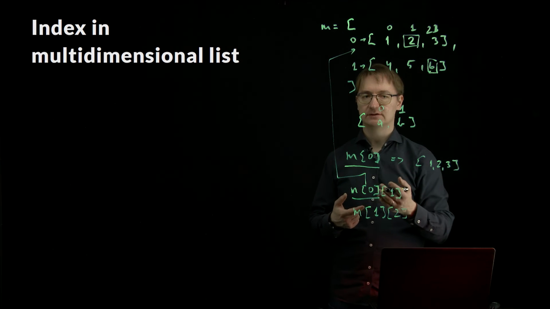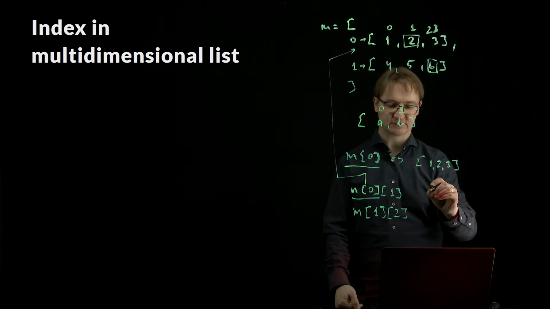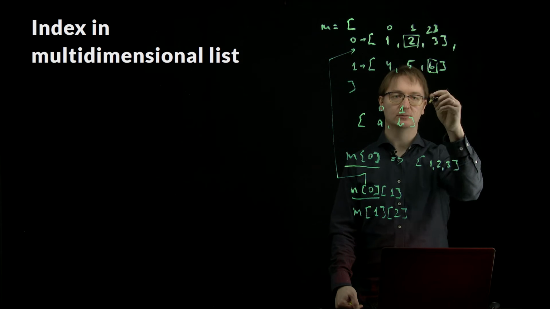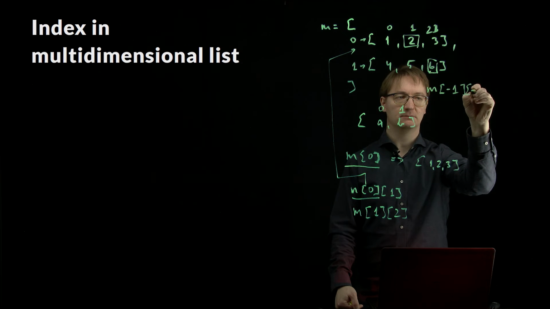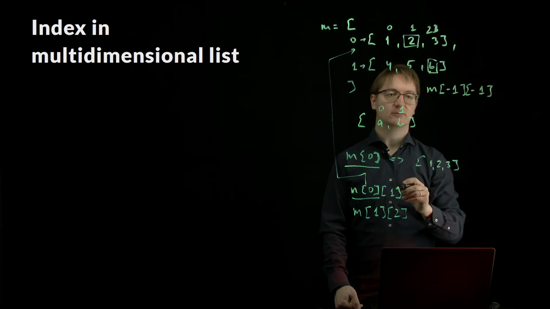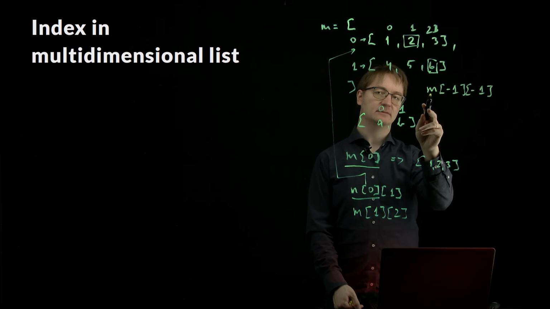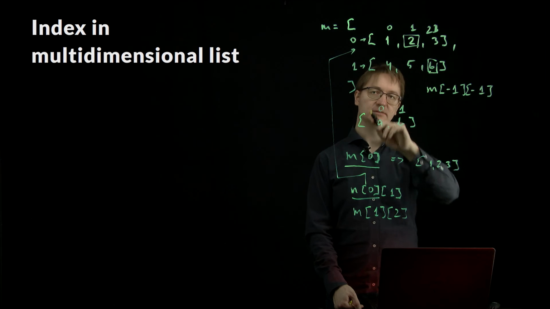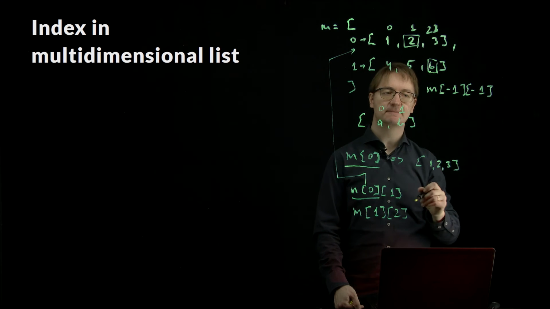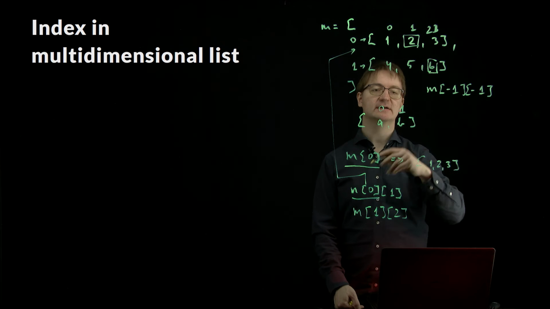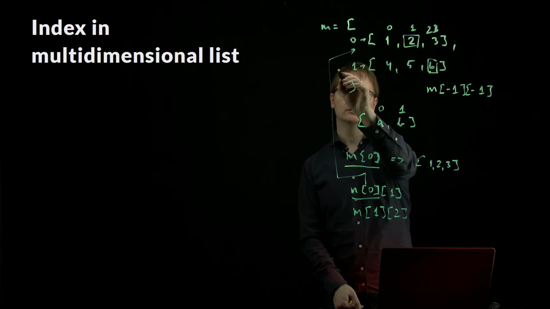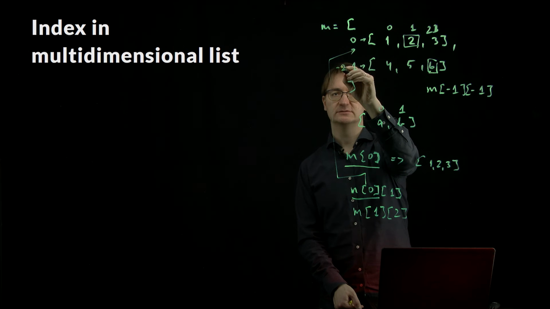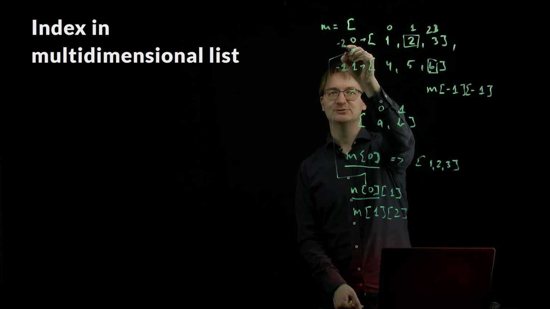We can also use negative indices. For example, the same would be to get M minus 1, minus 1. What happens here is that M is the big matrix or the list. Minus 1 takes the last element. So here I used positive indices, but I can also use minus 1 and minus 2 here.